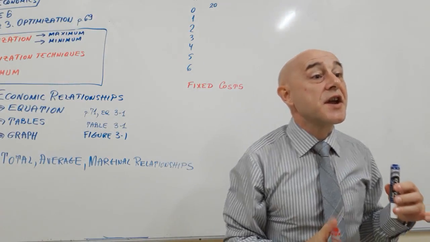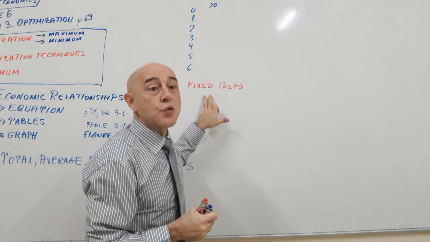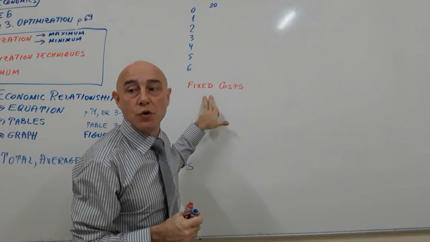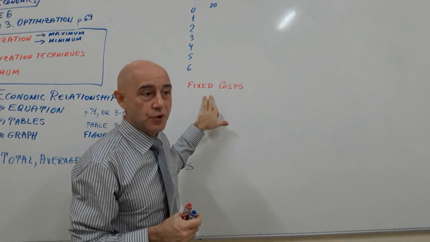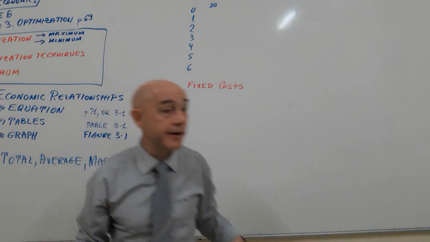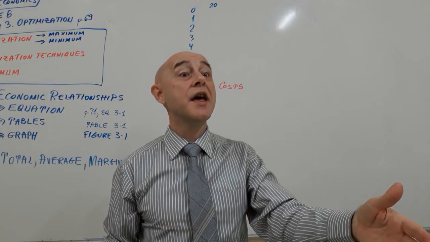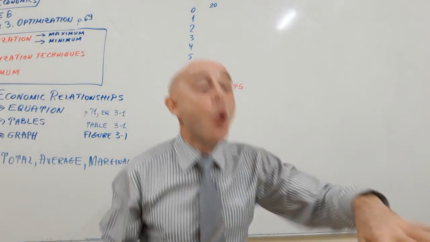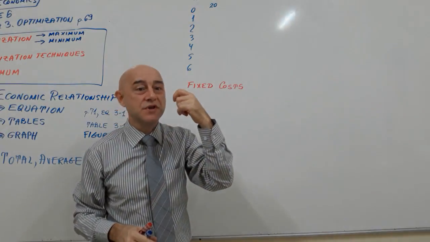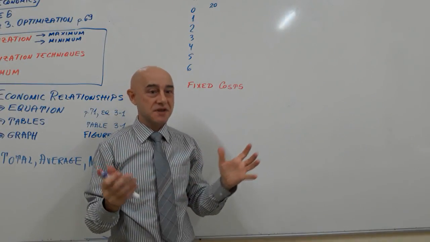Fixed cost is a cost which does not change with the quantity of output. For example, you got a small little business like a ladies' hair salon, or nail salon, or makeup beauty salon, and that's your business.